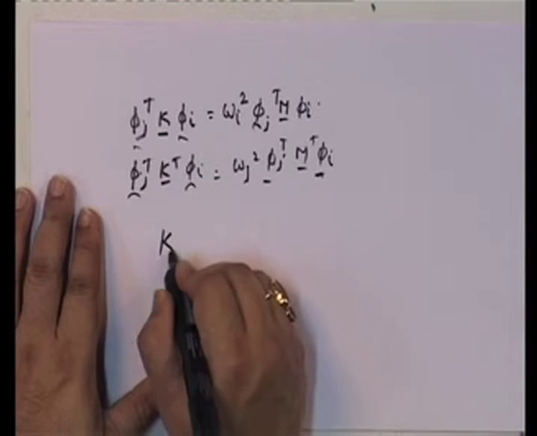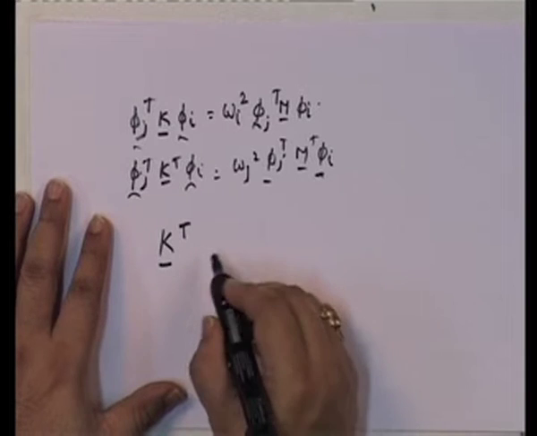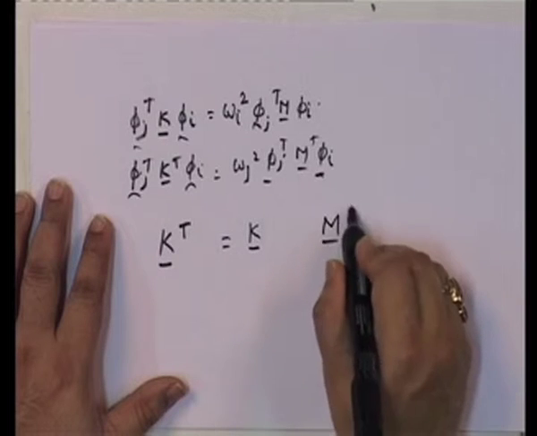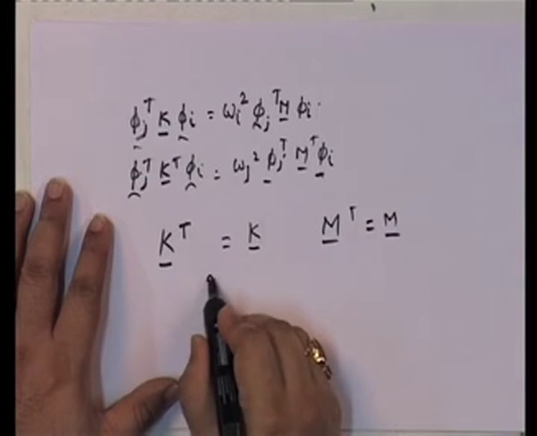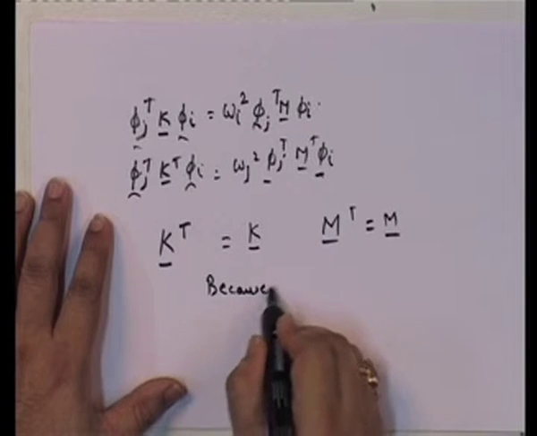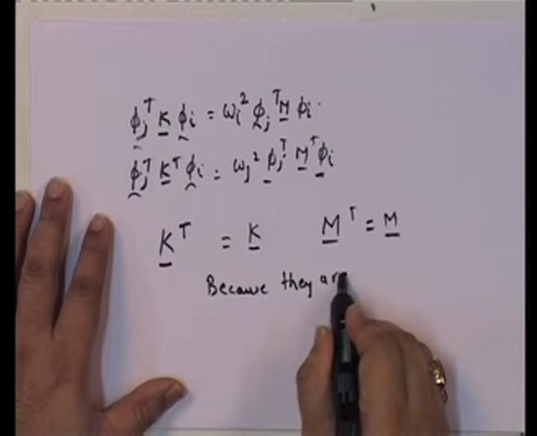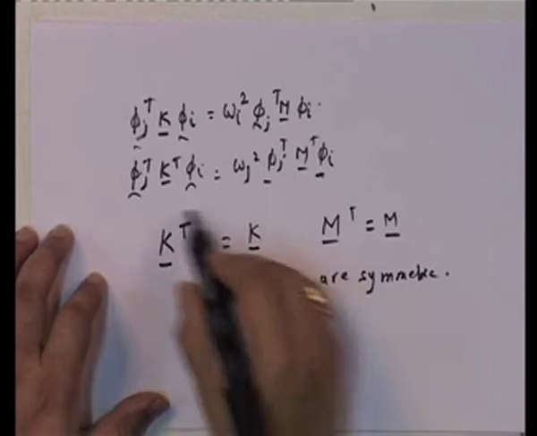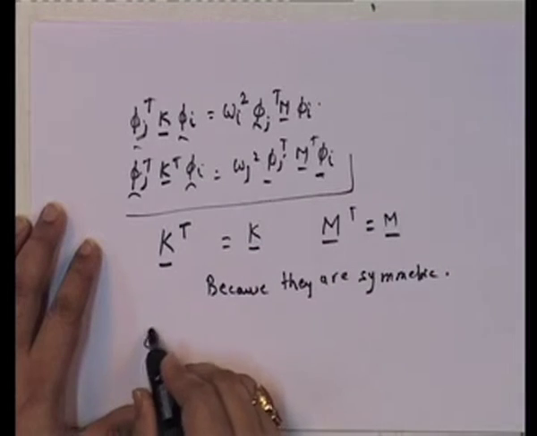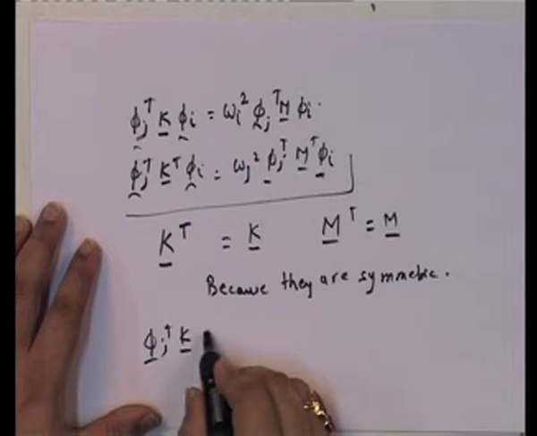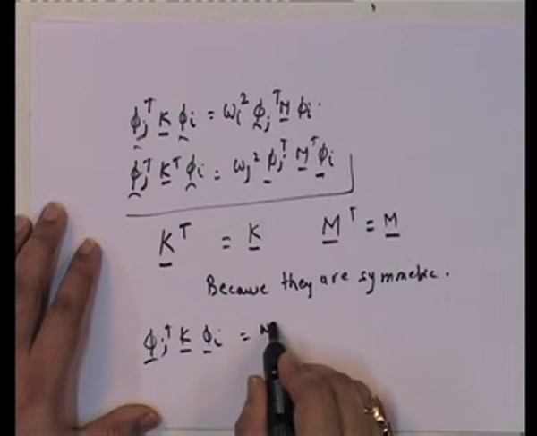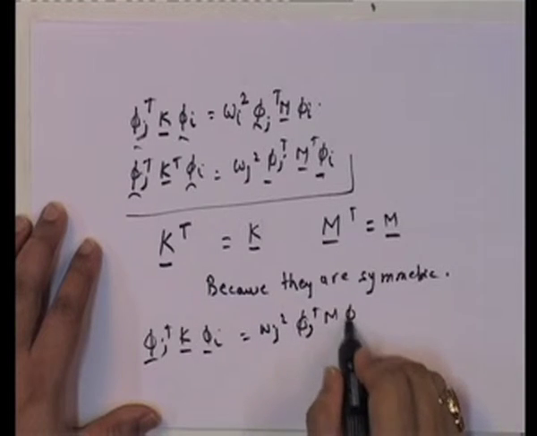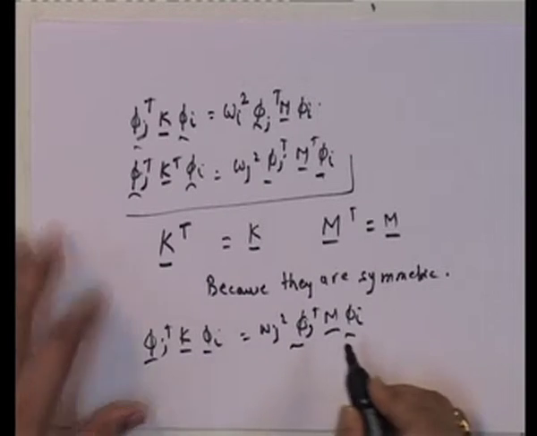Now, what is K transpose? The transpose of a symmetric matrix is itself. So K transpose is equal to K, and m transpose is equal to m, because they are symmetric. So this equation becomes phi j transpose K phi I is equal to omega j squared phi j transpose m phi I. Do you agree to that?